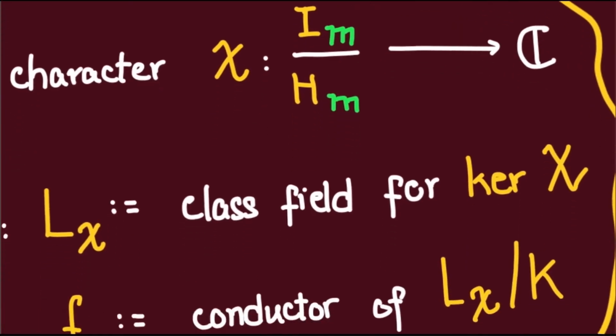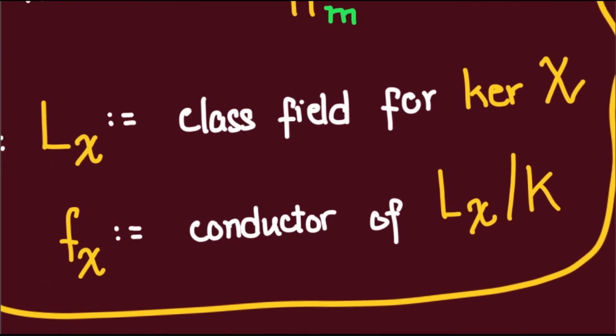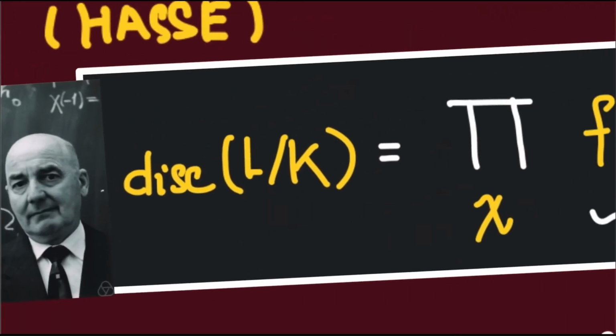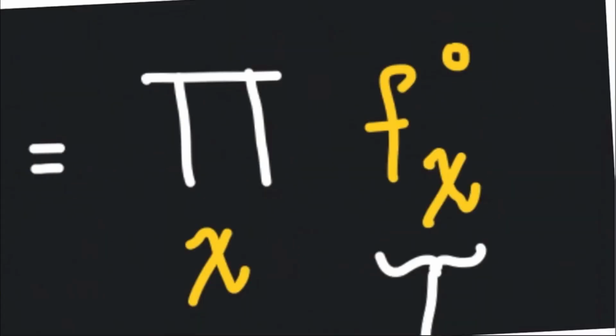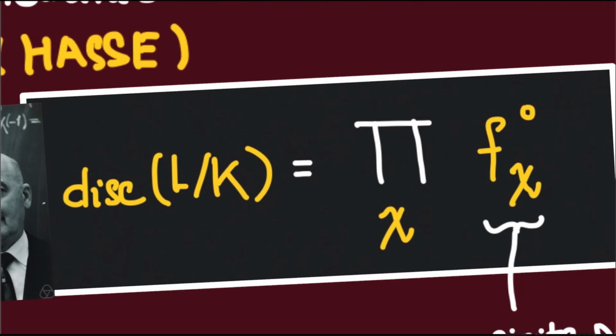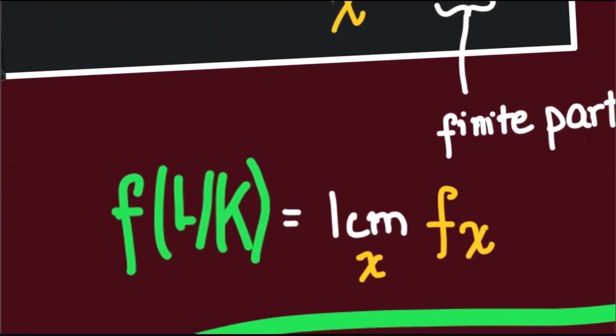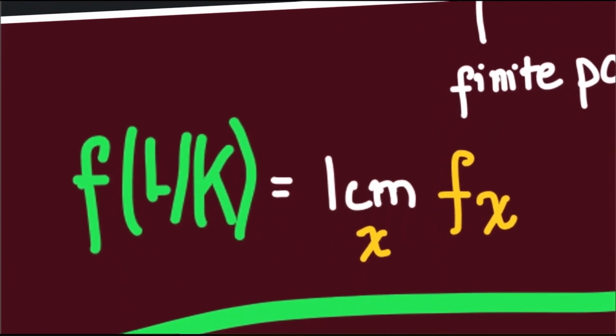The conductor of χ is then just defined to be the conductor of the extension of this class field over K. It turns out that the discriminant of L over K is just going to be the product over all these conductors, actually over all the finite parts of these conductors, whereas the conductor of L over K is just going to be the least common multiple of these conductors.